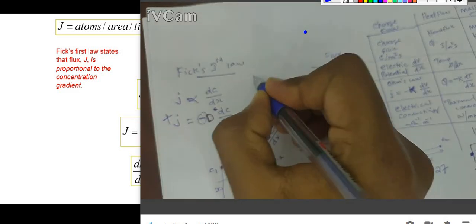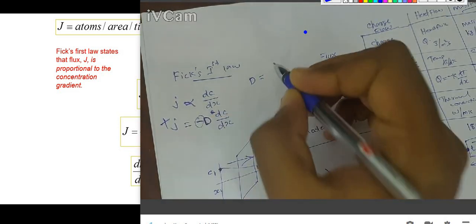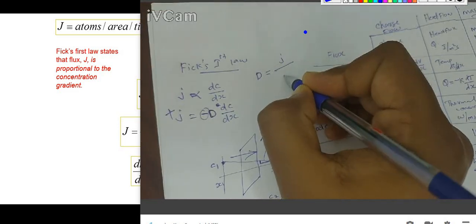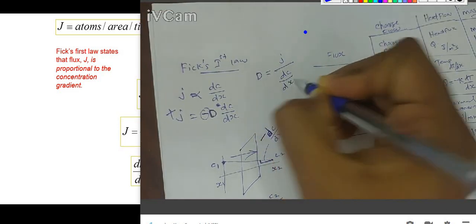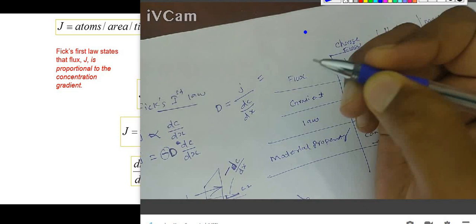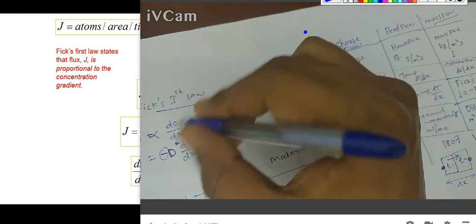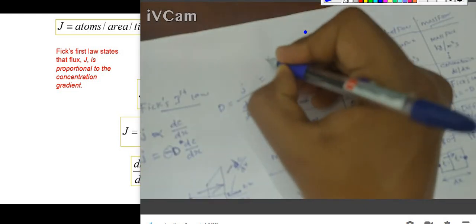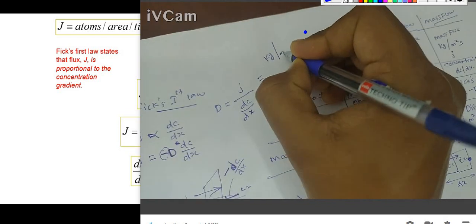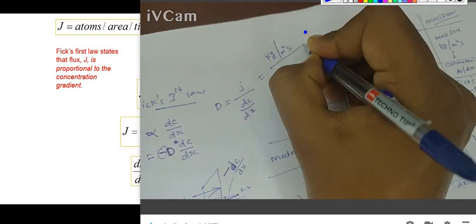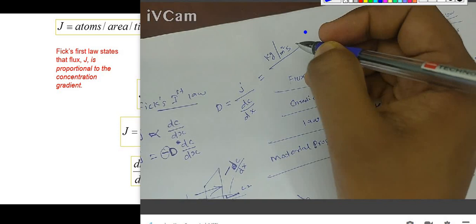For D, from this we got J divided by dC by dx. And what is the unit of this? For J, the unit is kilogram per meter square second, that is the amount of mass flow per meter square per second.